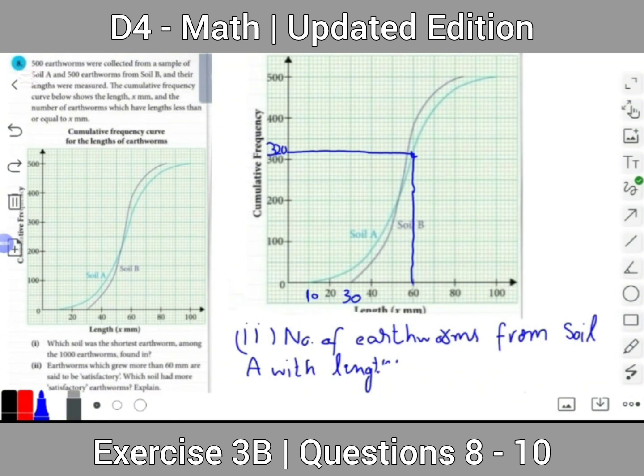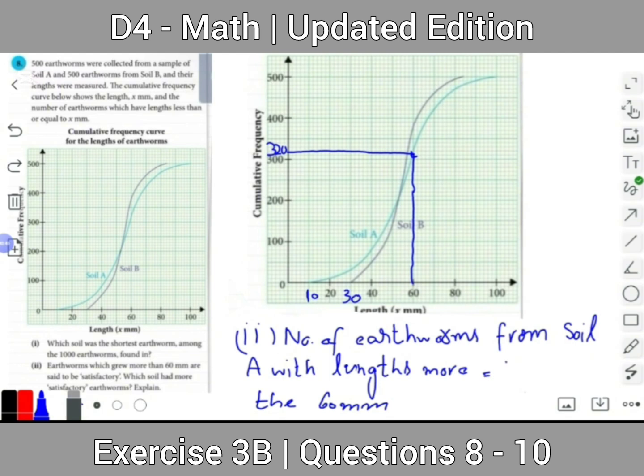Now to find the number of earthworms from soil A with lengths more than 60 millimeters, we subtract the number of earthworms from soil A with lengths less than or equal to 60 from the total number of earthworms collected from soil A, and that was 500.